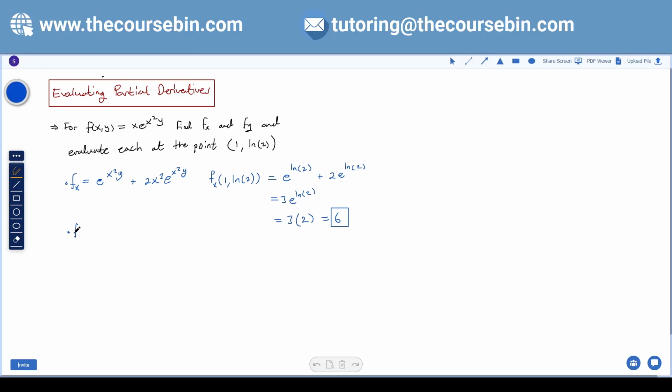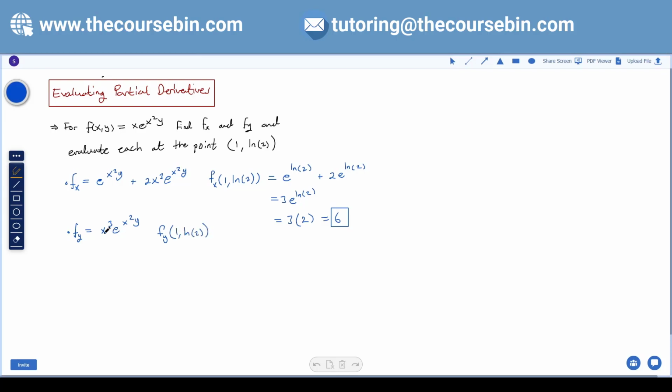All right, so we do the same thing for fy, right? So fy just gives us x cubed e to the power of x squared y. And now we can take fy at 1, natural log 2.